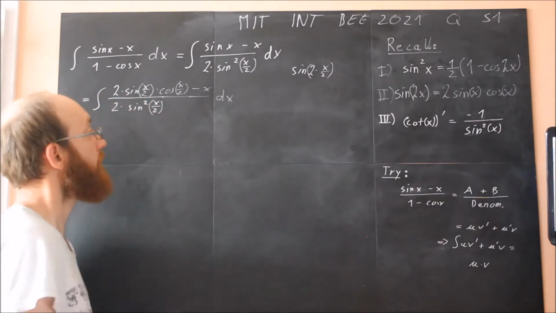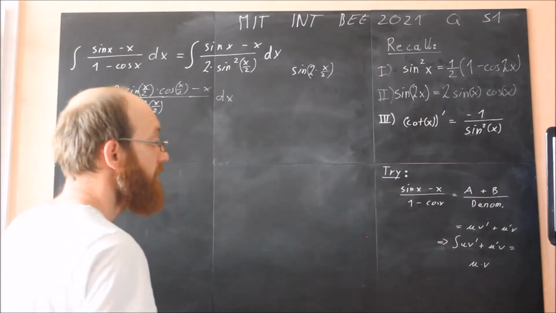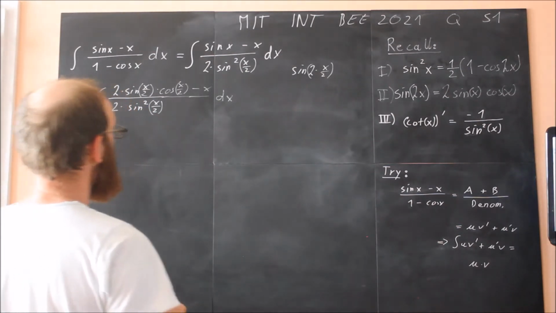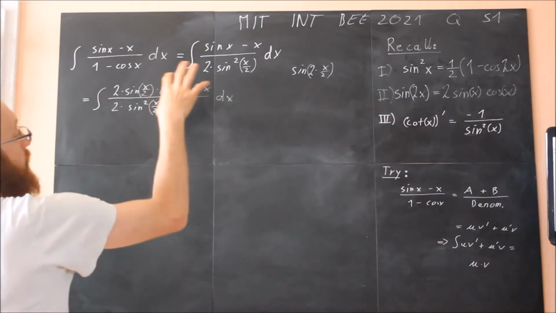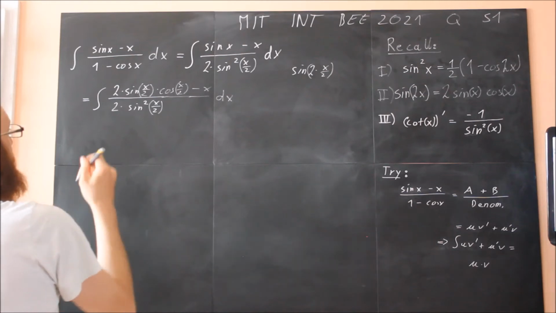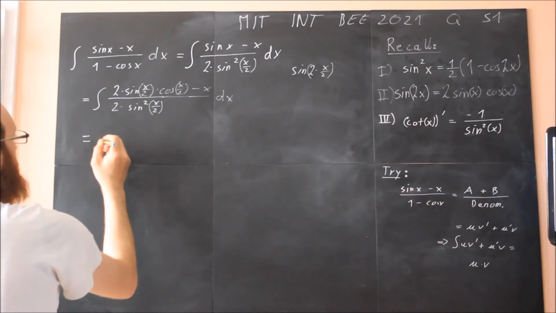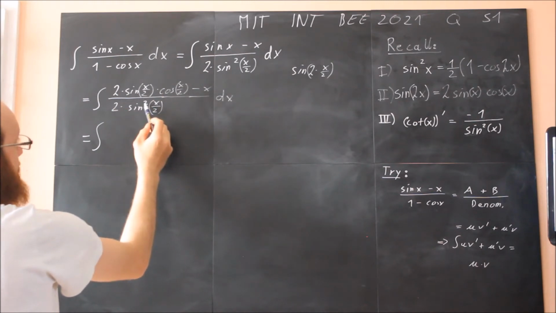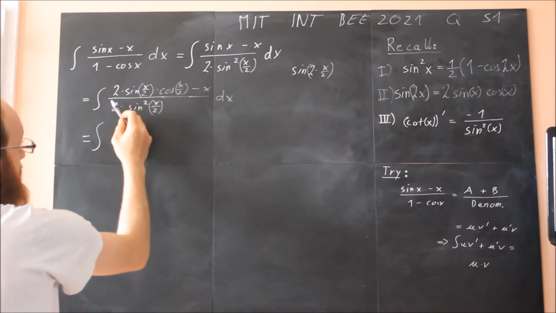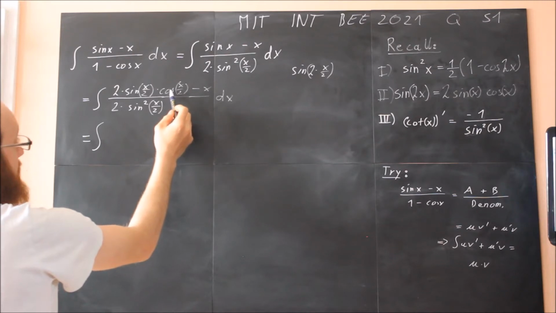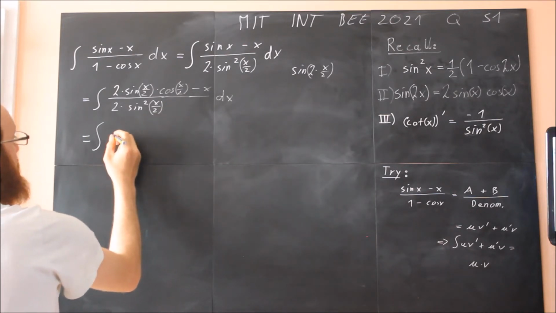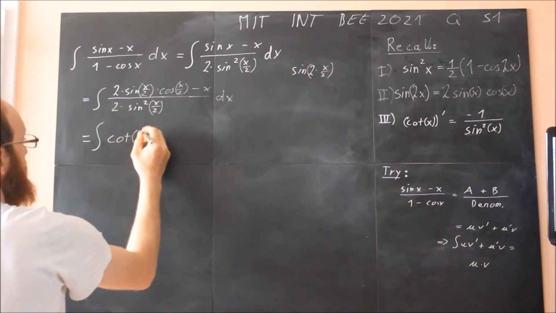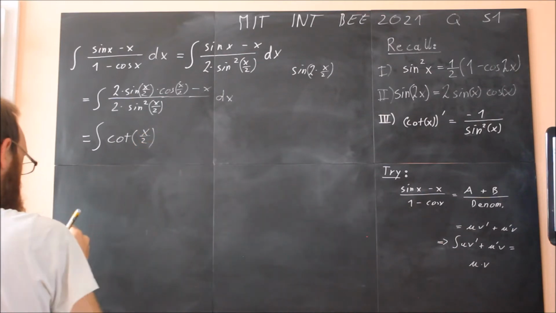Alright, so the next part is we separate the fraction. The first part: one sine cancels out, the 2 cancels out, and we are left with cosine over sine, which is the cotangent of x over 2.